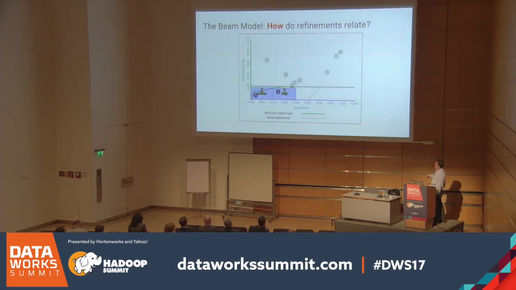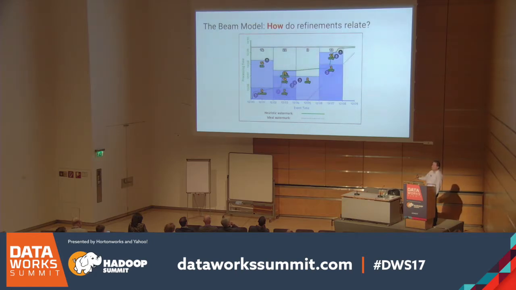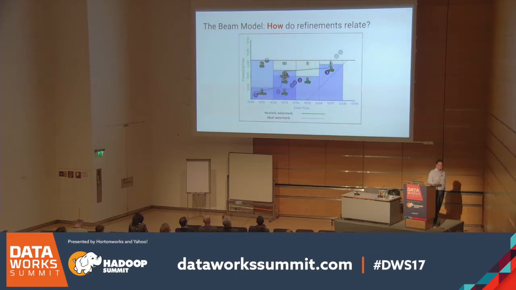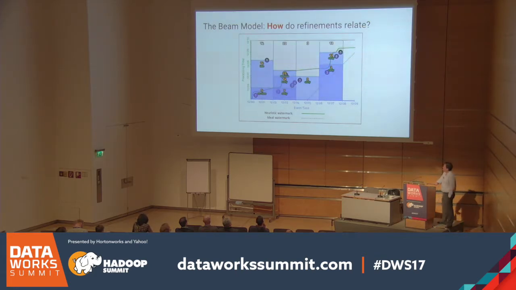And then there are no more late firings for any other window because the system wasn't wrong in any other case. But for example, for the second window, we see multiple early results as we asked the system. So the first early result is 7, then 14, and then a final sum of 22.